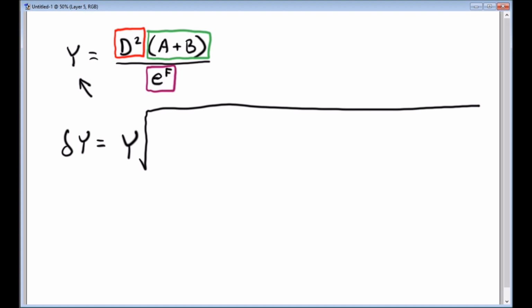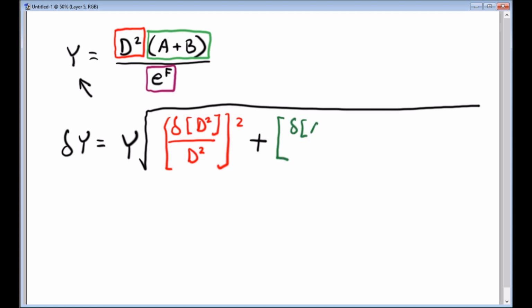So let me do that now. So the first box, we have the uncertainty of d squared divided by d squared. And then all of that gets squared. Then we'll have the fractional uncertainty of the next term, uncertainty of a plus b divided by a plus b.